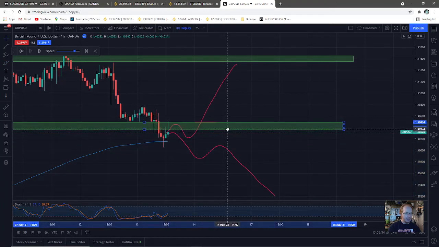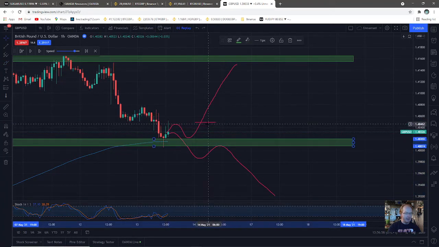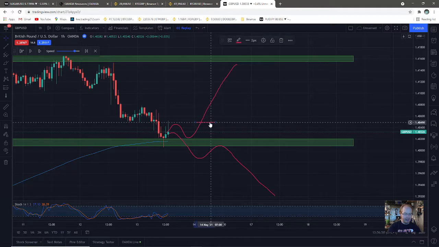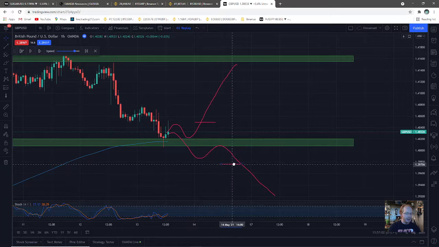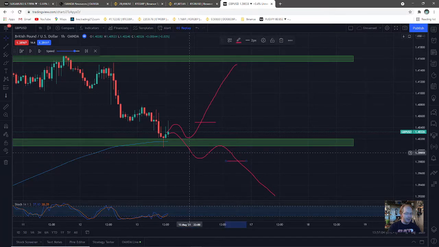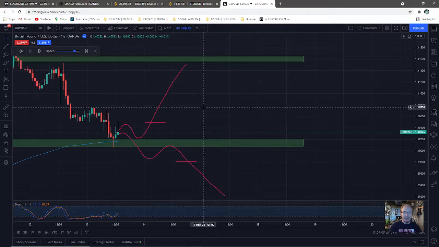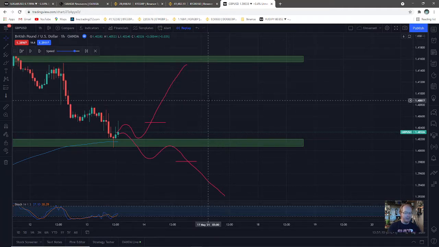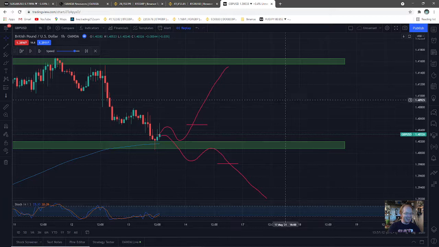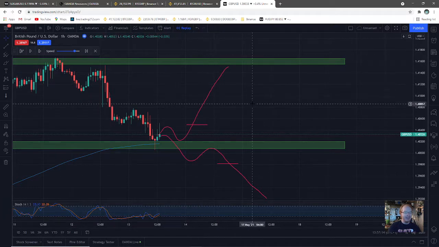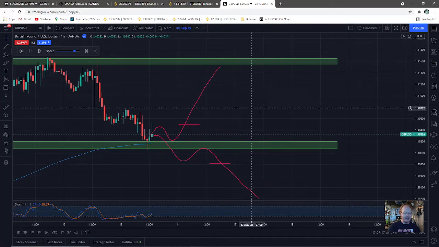And obviously if it were to do that, we'd be looking to take a short position somewhere after the loop here. Now I haven't played these through already, so I have no idea which way it's going to go. It may consolidate for the next few hours, so let's find out.